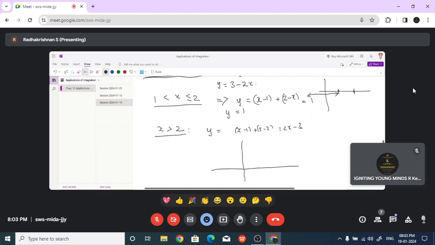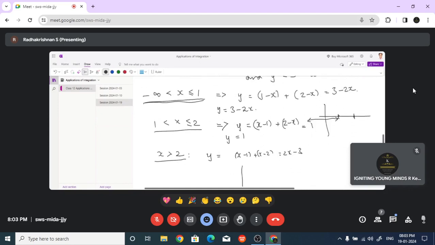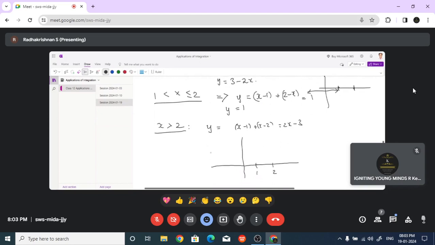First in the range less than 1, then in the range 1 to 2, then in the range above 2. In the range 1 to 2, we figured that it is y equal to 1.